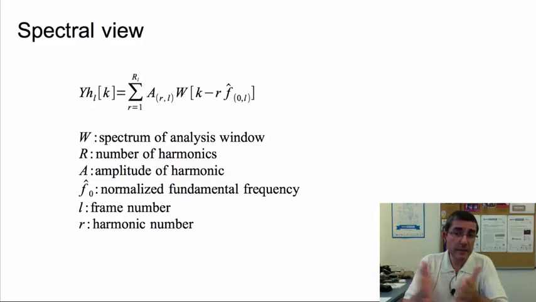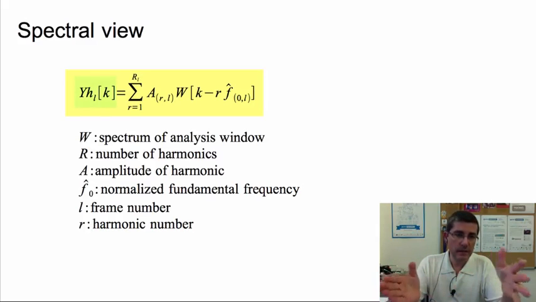We can also express the model in the frequency domain. The time-varying spectrum of a harmonic sound is the sum of all the time-varying spectra of the harmonics. So in this case, we are expressing the idea of a sinusoid being the transform of the window that we use in the analysis.